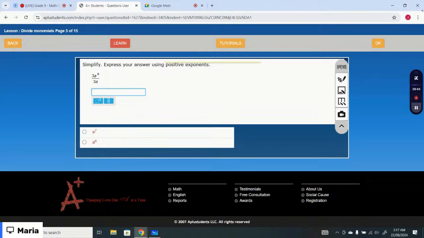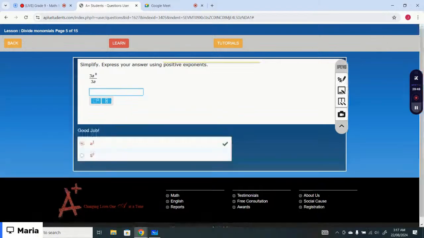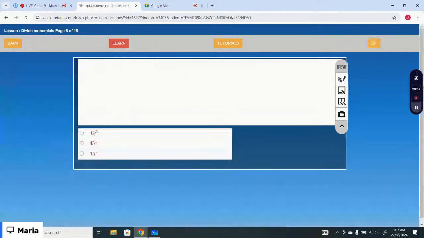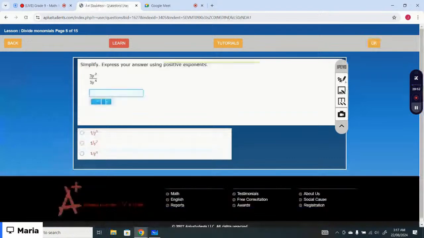The correct option is a exponent 7. Option number 1 is the correct option. 3y squared divided by 3y 6.